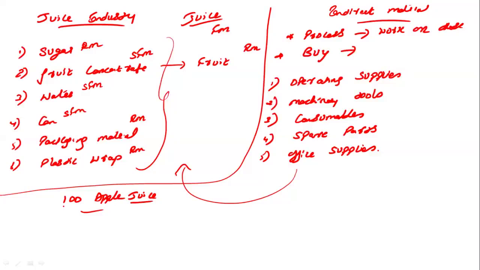So you need 100 apples. You're going to put 2 tablespoons of sugar, so you need 200 tablespoons of sugar. Per juice, you're going to put 250 ml of water, so 25,000 ml of water. You need 100 cans. In one carton box, you're packing 20, so you need 5 carton boxes. Plastic wrap, you need 5 meters of plastic wrap.